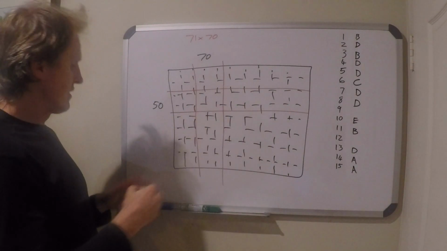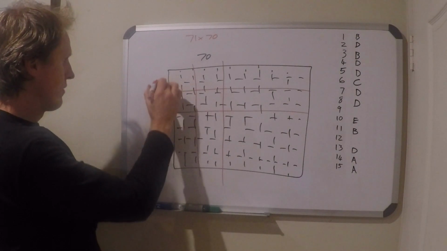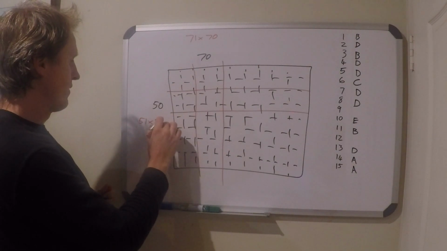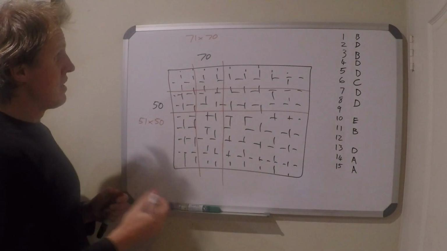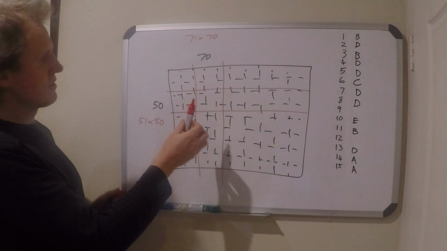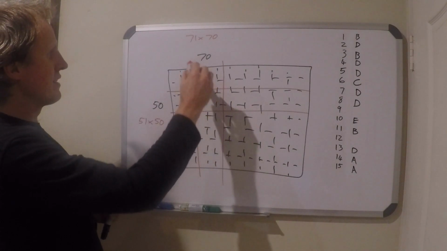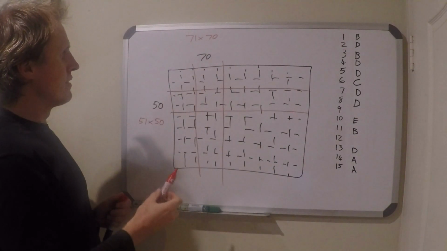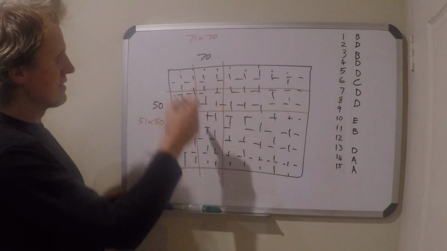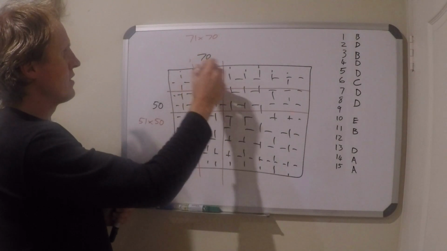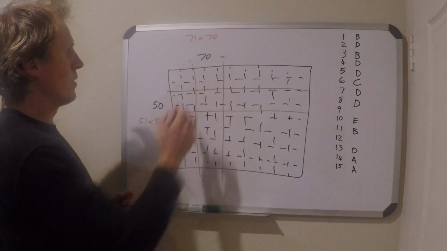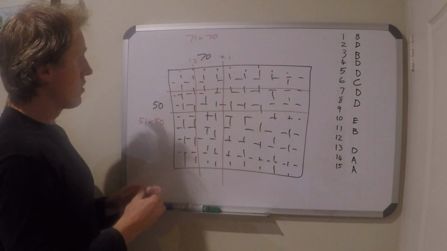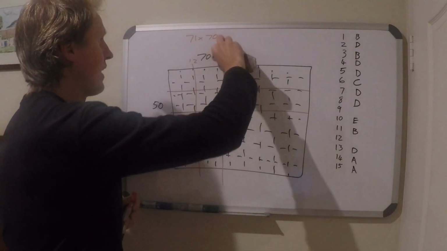And similarly for this side, we've got 51 options for the first line times 50 for the second. But the next thing to take note of is that the order of these lines doesn't matter. It defines the same rectangle whether this is the first line and that's the second line, or whether this is the first line and that's the second line. So we need to divide this by 2.